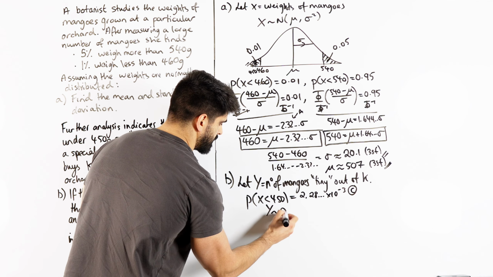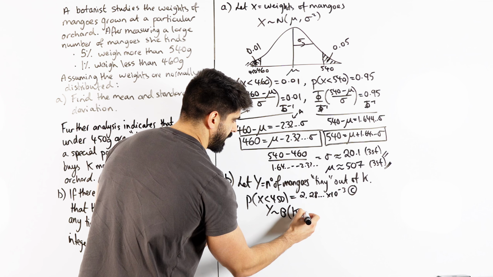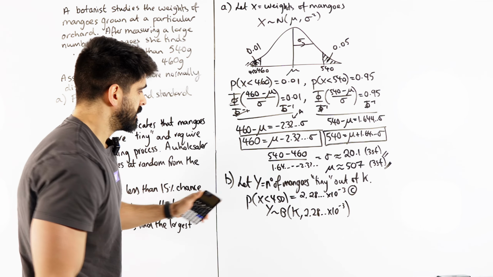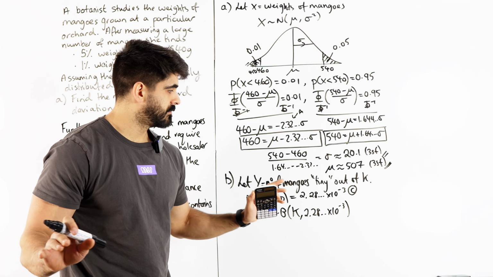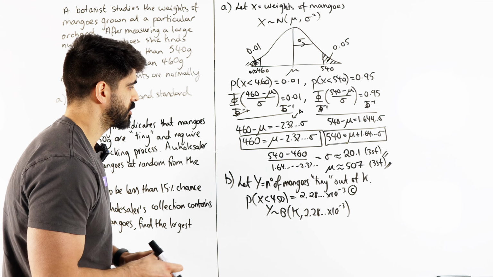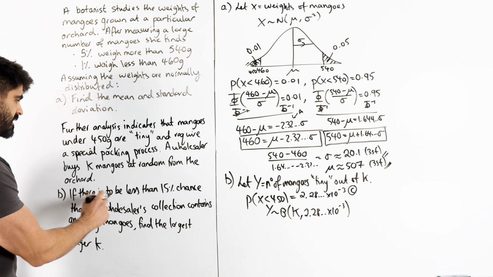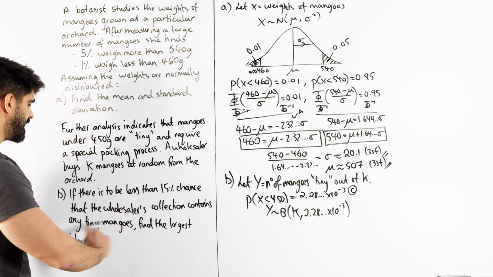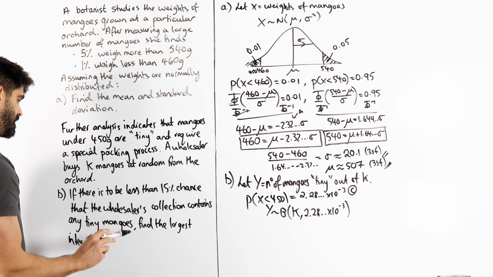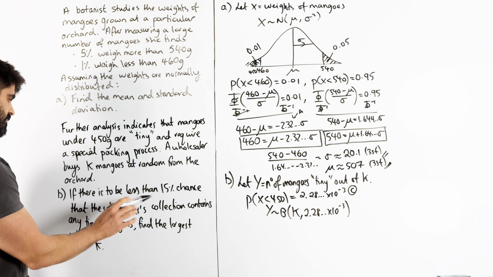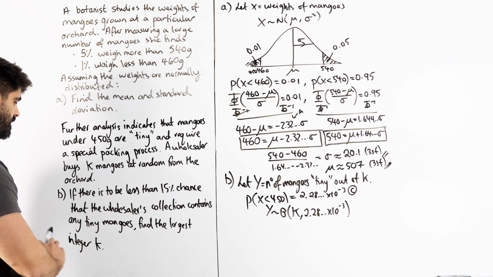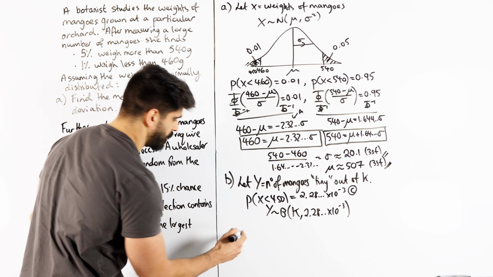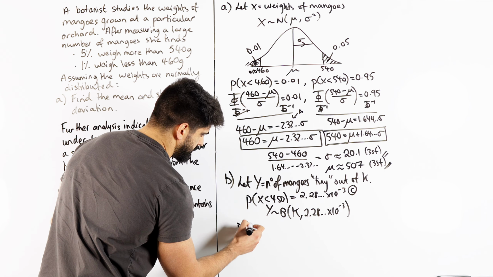So Y is binomially distributed with k and 2.28 ... times 10 to the minus 3. I want 0 tiny mangoes. So the statement is, if there is to be less than 15% chance that the wholesaler's collection contains any tiny mangoes.